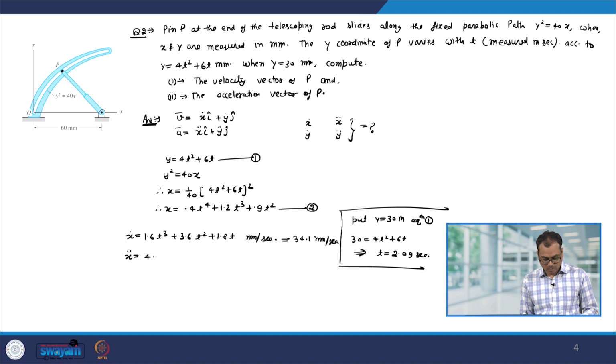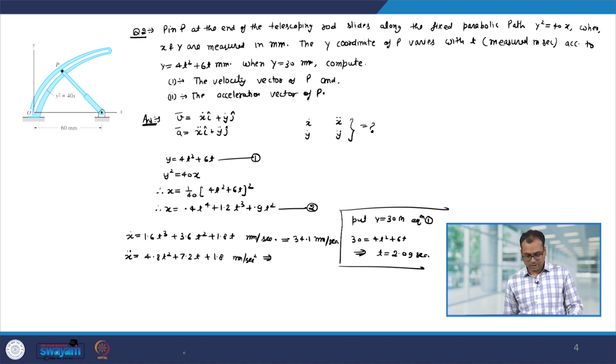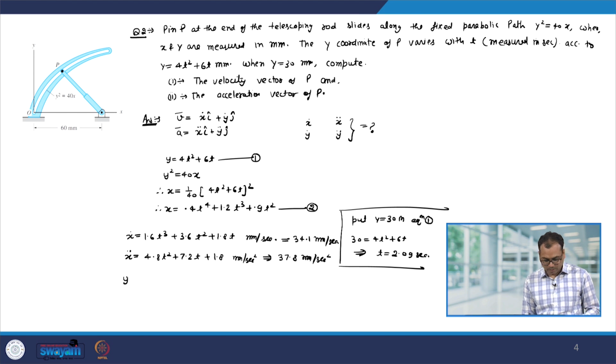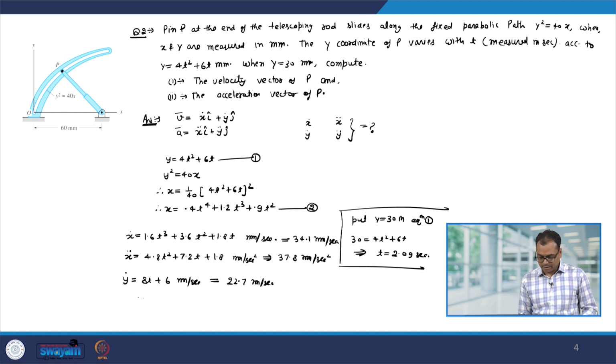Now, let us look at x double dot. X double dot will be 4.8 t square plus 7.2 t plus 1.8 millimeter per second square, and you can put t equal to 2.09, you will get x double dot equal to 37.8 millimeter per second square. Similarly, y dot will be, you can use equation number 1, 8t plus 6 millimeter per second, and put t equal to 2.09, you will get 22.7 millimeter per second, and y double dot is equal to 8 mm per second square.